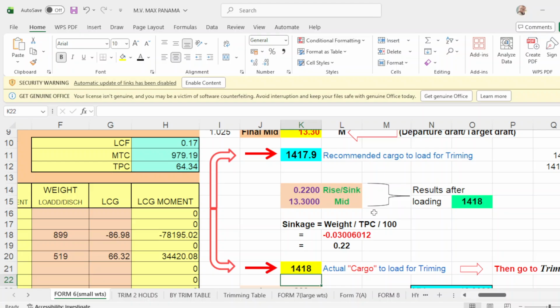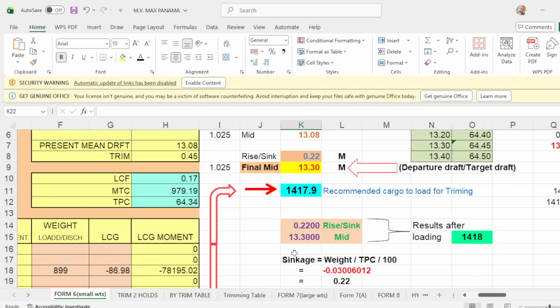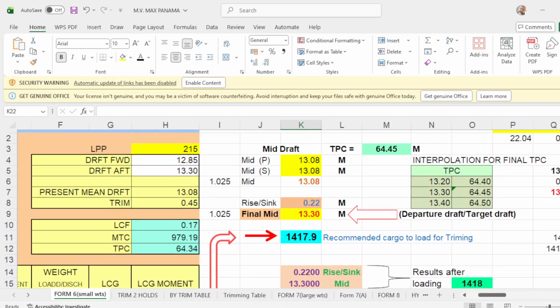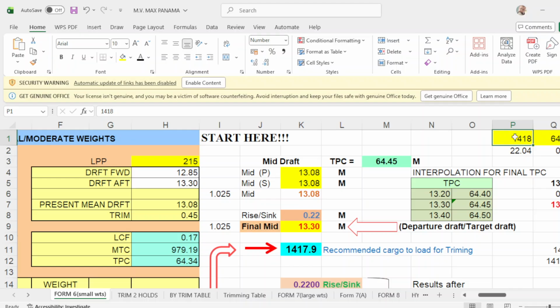The results after loading, your mid draft will be 13.30, which is exactly the same as your final mid draft, and your sinkage is 22, which is the same as this sinkage. Now, there's another way of getting the sinkage. Since you know already your remaining cargo to load is 1418, you put here 1418.